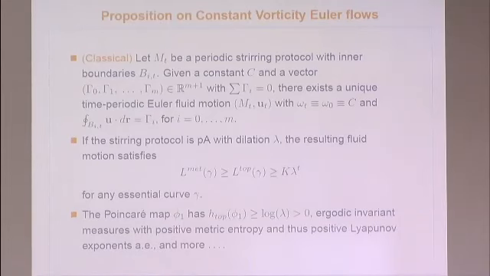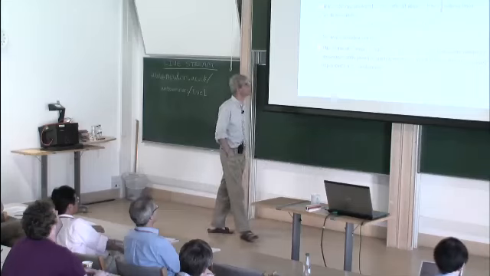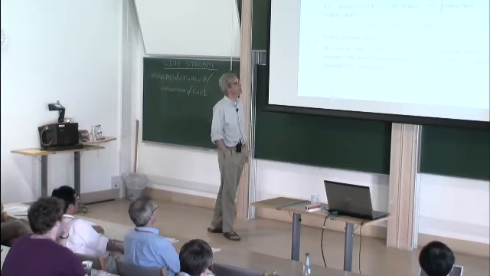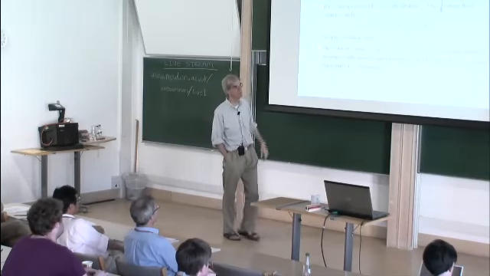And again, this takes another part of the theory, which I haven't told you about, but the fluid also has measures with positive exponents and lots of entropy and many other dynamical things you can say.